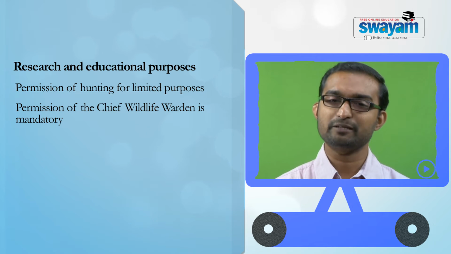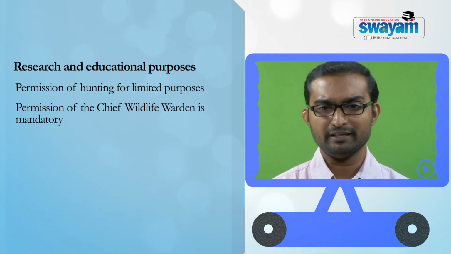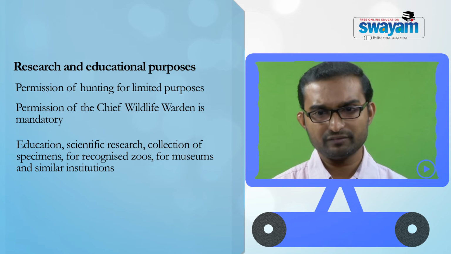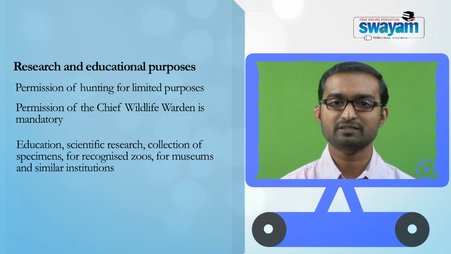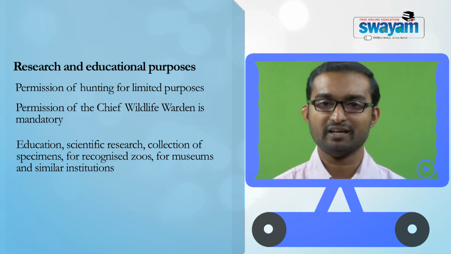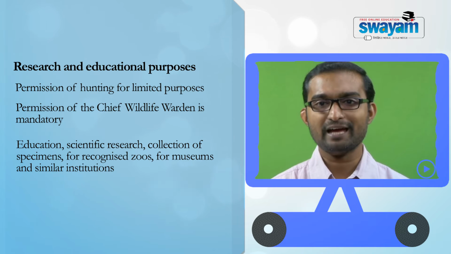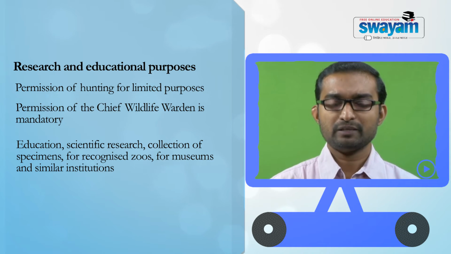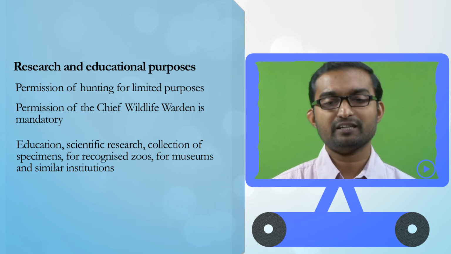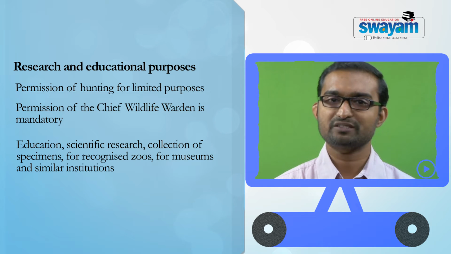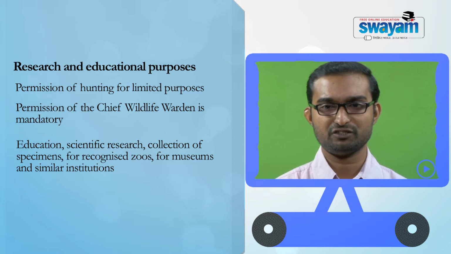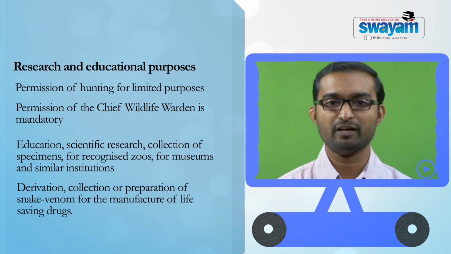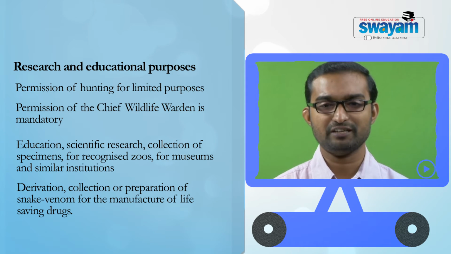Again, the purposes are mentioned explicitly in the statute, and this includes education, scientific research, collection of specimens, or if it is for recognized zoos, museums and similar institutions. And there is a third major situation in which hunting is allowed: if it is for preparation of snake venom for manufacturing of life-saving drugs.